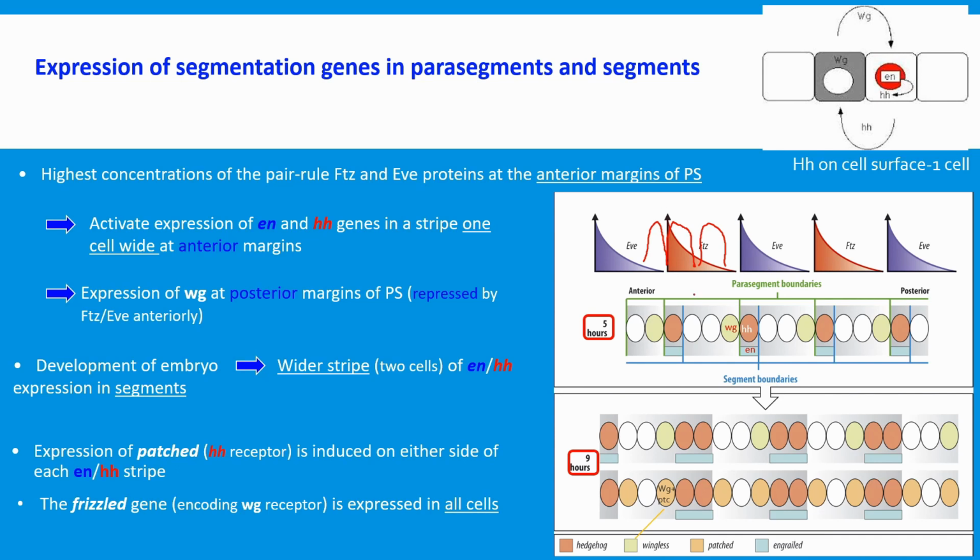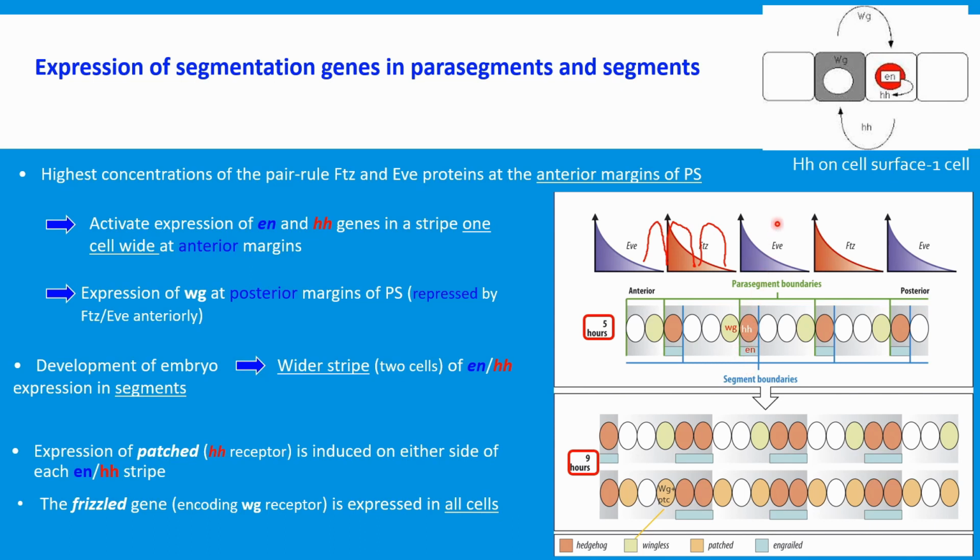And this combination will lead to expression of engrailed here in this cell. The pair rule genes will also induce hedgehog expression. Right? This is written here. And at this stage, 5 hours of embryonic development, it will be such a narrow amount of cells that can interpret this fine signal that it's one cell wide expressing engrailed and hedgehog.